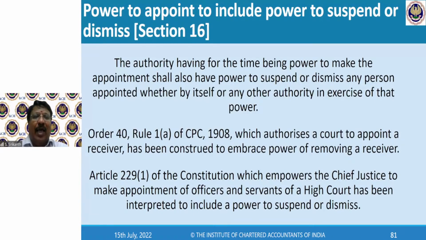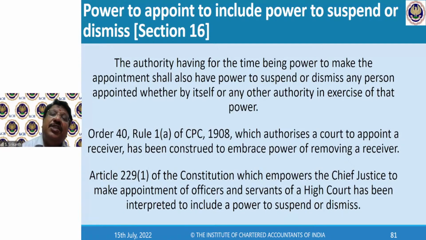But thanks to section 16, the authority having for the time being power to make an appointment shall also have the power to suspend or dismiss any person appointed, whether by itself or any other authority in exercise of that power. So if I have the right to appoint, I should also have the right to dismiss. Once you get the power to appoint, you automatically have the power to suspend or dismiss.